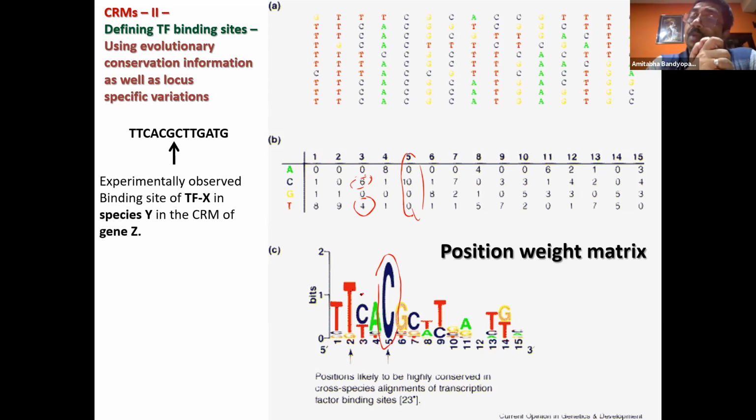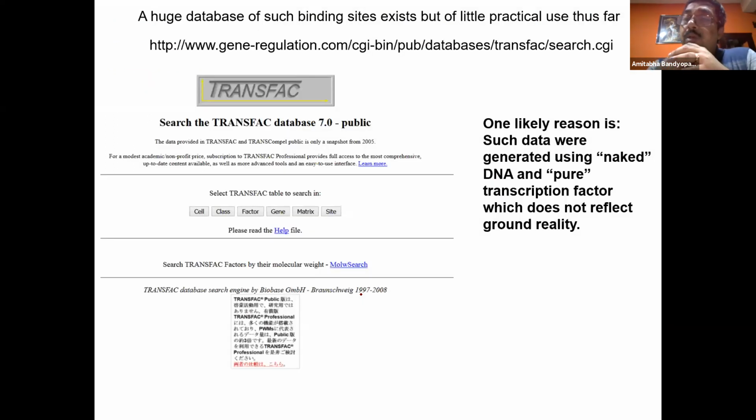Such position weighted matrices for many transcription factors have been determined, and that is logged in a database called the transcription factor binding database. For many transcription factors it is there. But if you look in the literature very carefully, you will see that data from the TRANSFAC database has actually not been used much for experimental purposes.